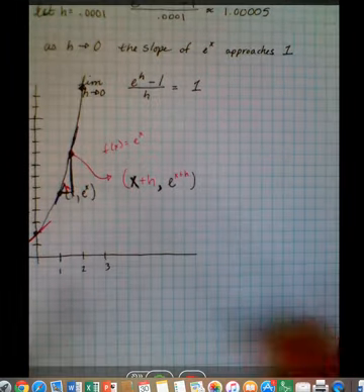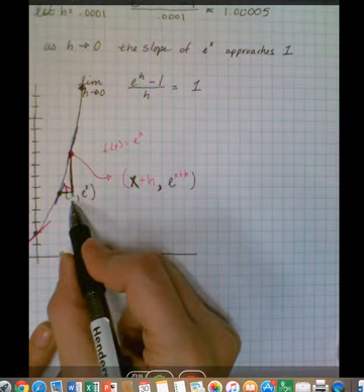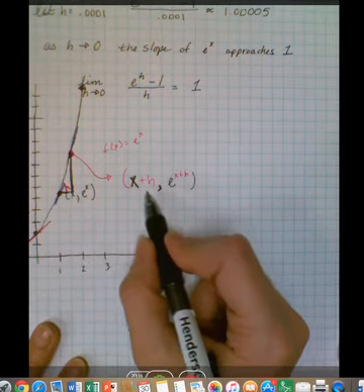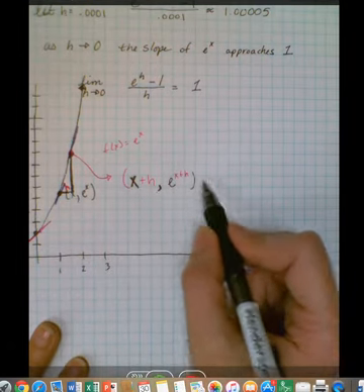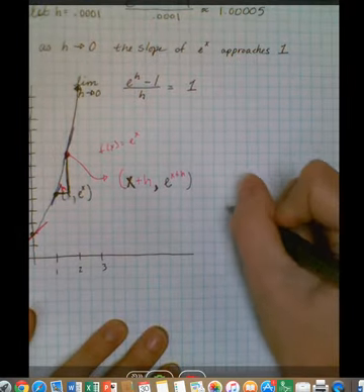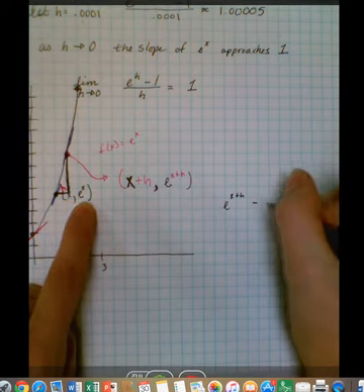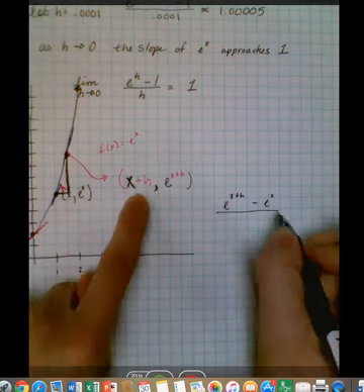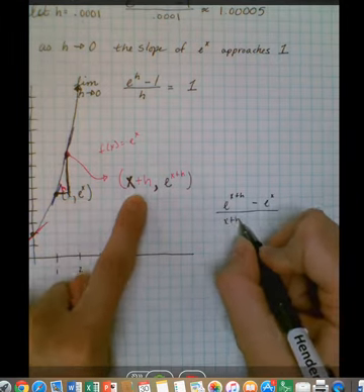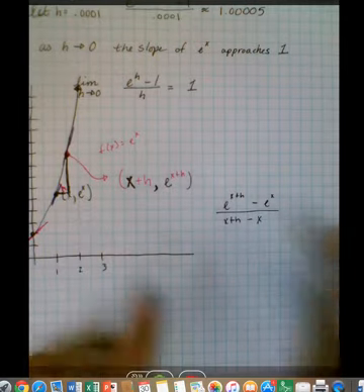So what would the slope between x, e to the x and x plus h, e to the x plus h, look like? Well, the slope is going to be e to the x plus h minus e to the x over x plus h minus x.